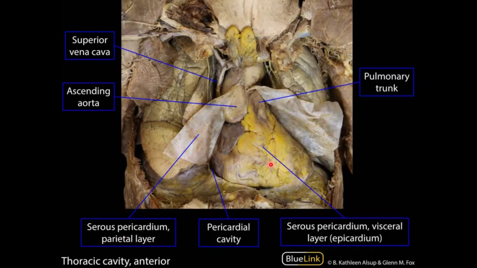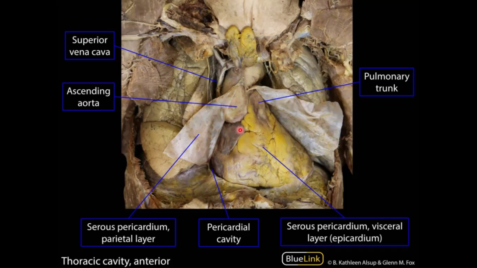That visceral serous pericardium is also known as the epicardium. These two, the parietal and the visceral layers, are actually continuous at the root of the great vessels, as if they have been reflected on each other at that point.